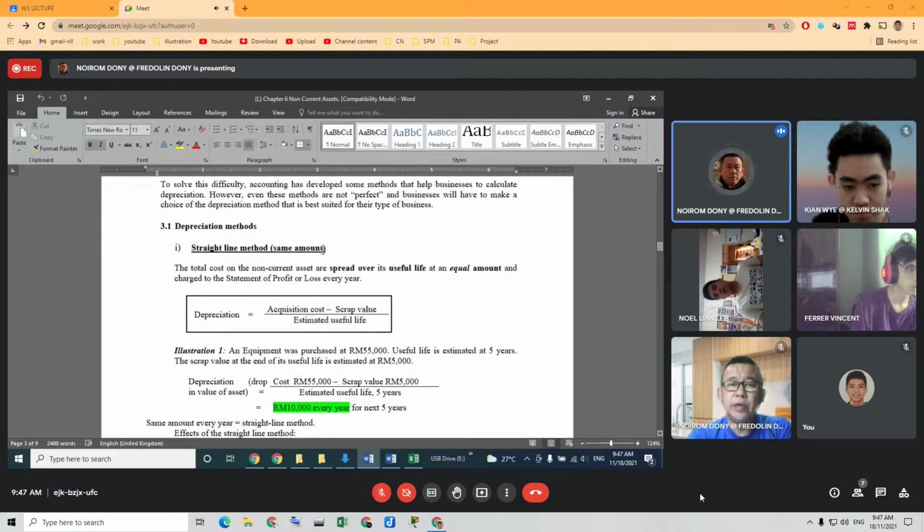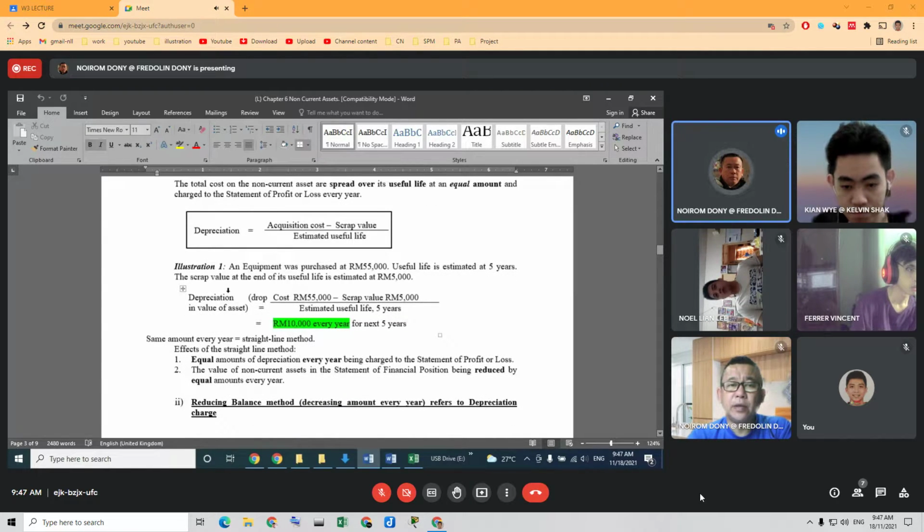Okay, same amount. So let's say an equipment was purchased for 55,000. So a simple illustration. And useful life is estimated at 5 years, and scrap value is estimated at 5,000. So we apply this formula. Acquisition cost 55,000, scrap value 5,000. So you minus, so 50,000, isn't it?